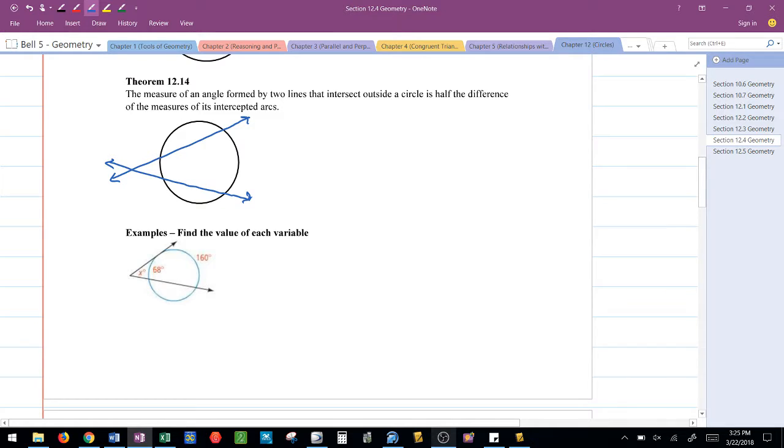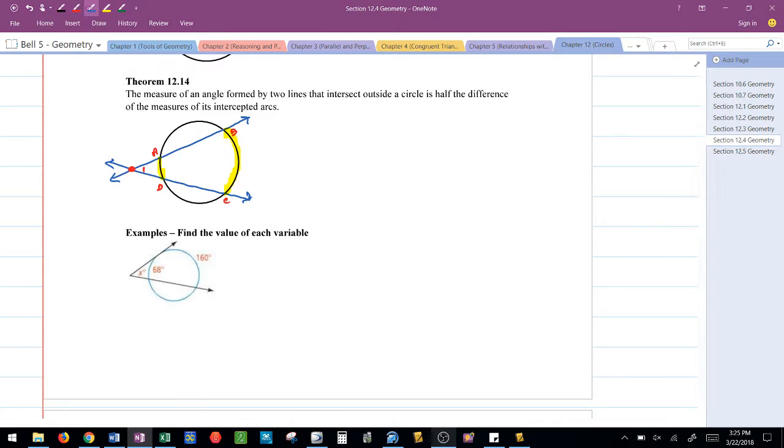Now, when I'm looking at this, the first thing that jumps out at me is there's the vertex. So this is the angle that they're describing. Again, I called that angle 1. Well, I know that this angle intersects here at A, B, C, and D. So what they're specifically talking about here is the two intercepted arcs of that angle.